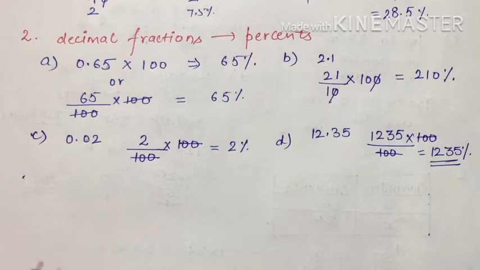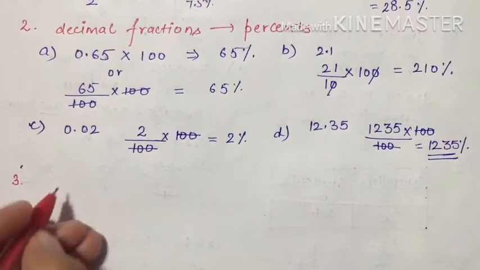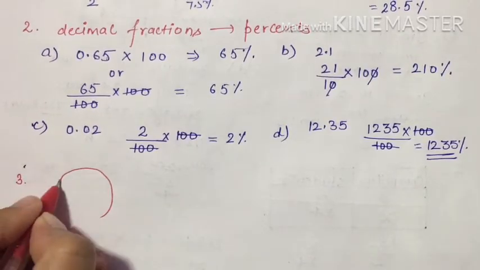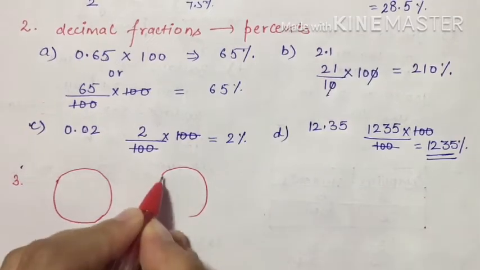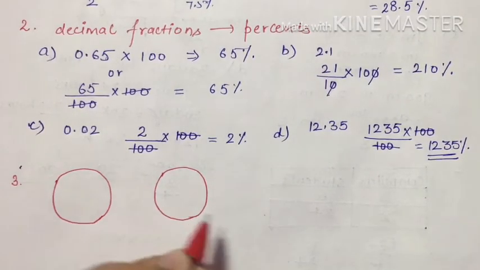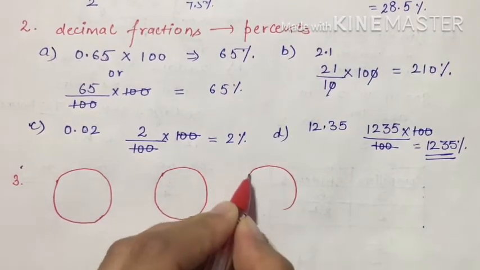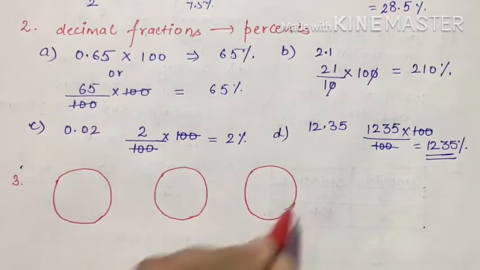Estimate which part of the figure is colored. Question is given like circles are given, 1, 2 and 3.